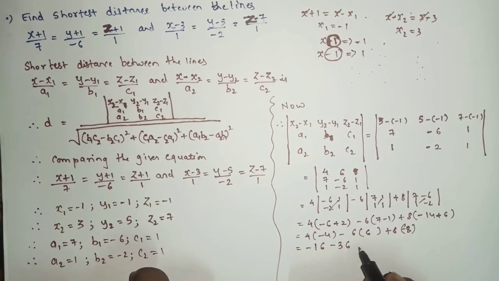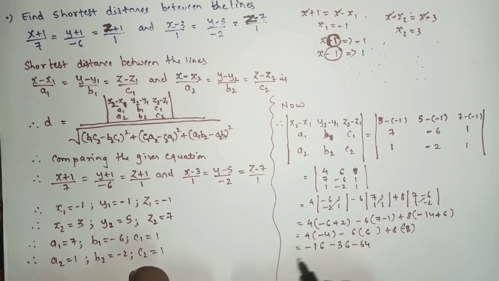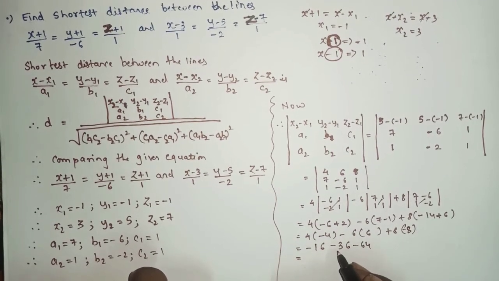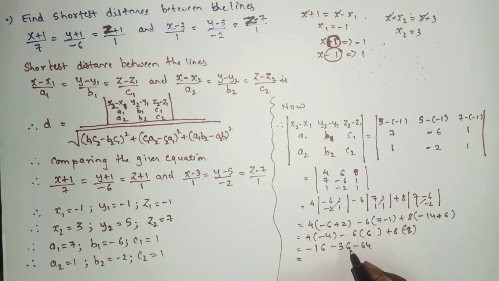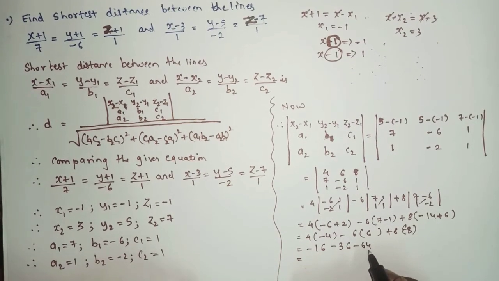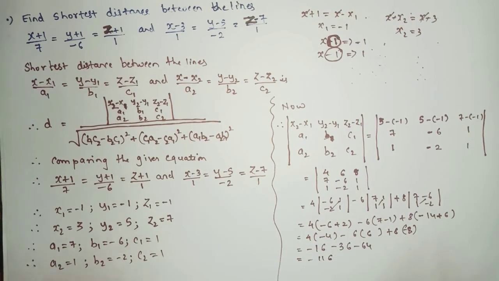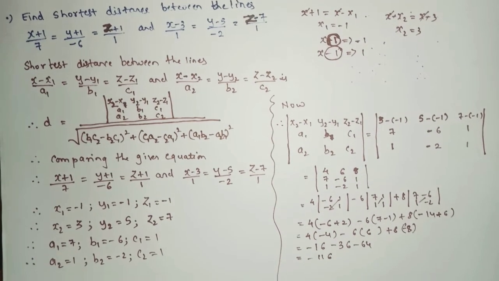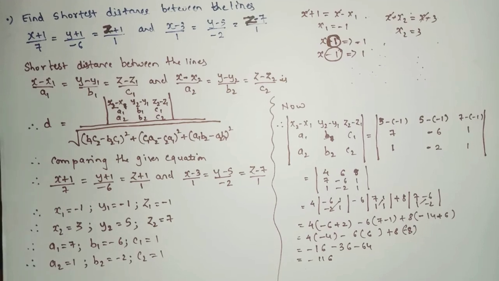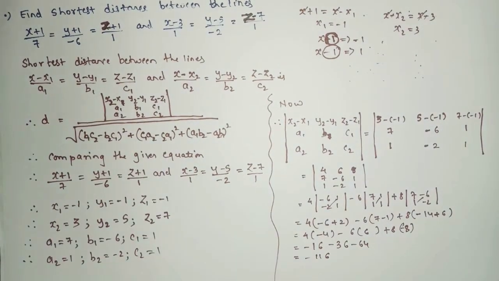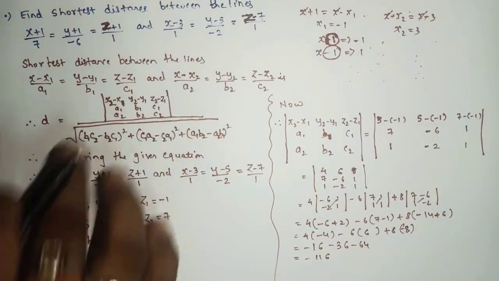This will be minus 36, minus 64. So minus 16 minus 36 minus 64, so 6 and 6 is 12, 16, 6, 7, 8, 9, 10, 11. So here the answer will be what? Minus 116. So here we got the answer for the numerator section as minus 116. Now we'll find the denominator part.